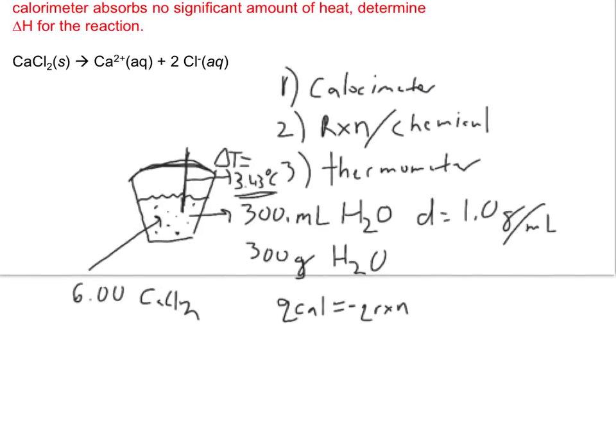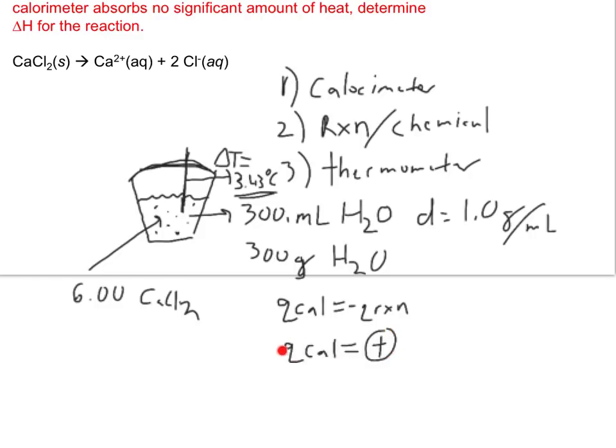So if the increase in temperature was 3.43 degrees, the heat of the calorimeter is going to be positive. The temperature went up. It increased 3.43 degrees. That's an endothermic process from the perspective of the calorimeter.